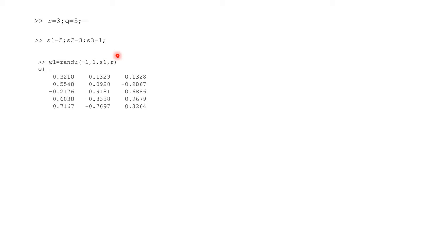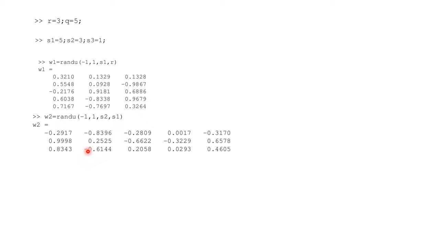So this is the size of the matrix, and this is the range for the numbers. There's our first weight matrix. The second has to be S2 by S1, 3 by 5, and the last one has to be S3 by S2. So those are our weight matrices.